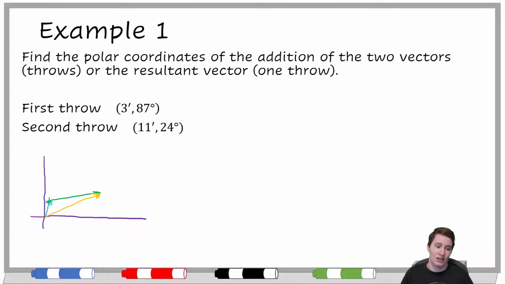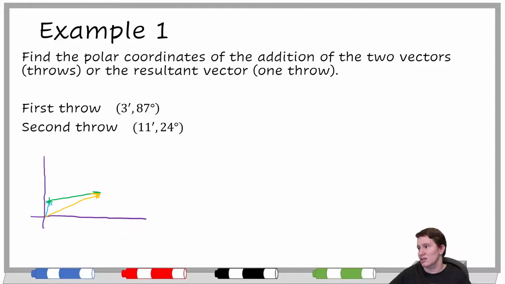This is an oblique triangle, so I can't help but think we might have enough information to use law of sines or law of cosines, but we don't normally do that. Normally we just convert to x and y, add them together, and then convert back if needed. So remember that to convert, we need to do 3 cosine theta.